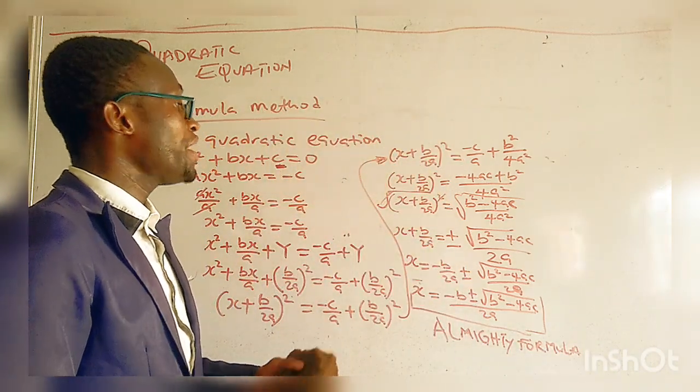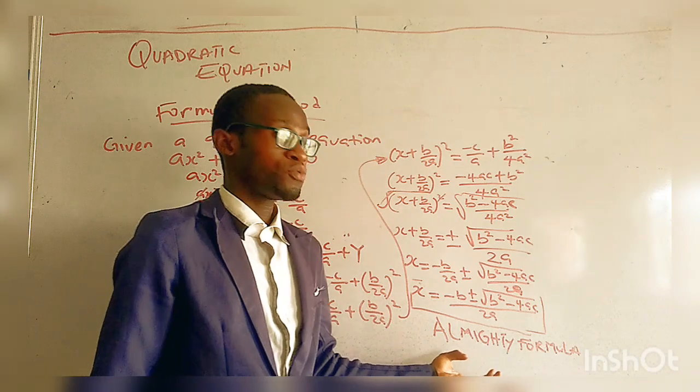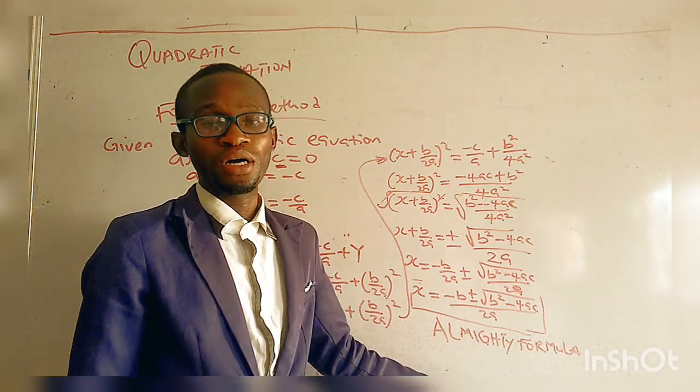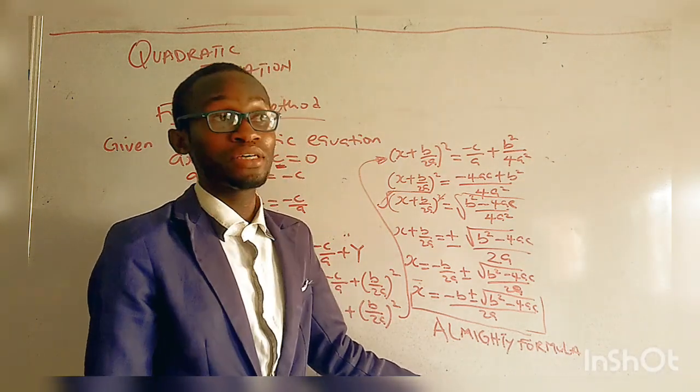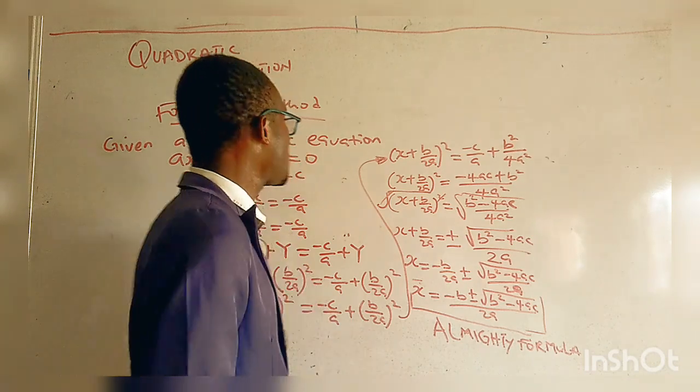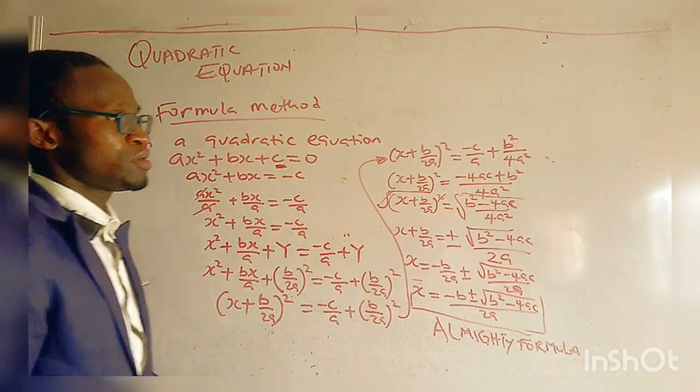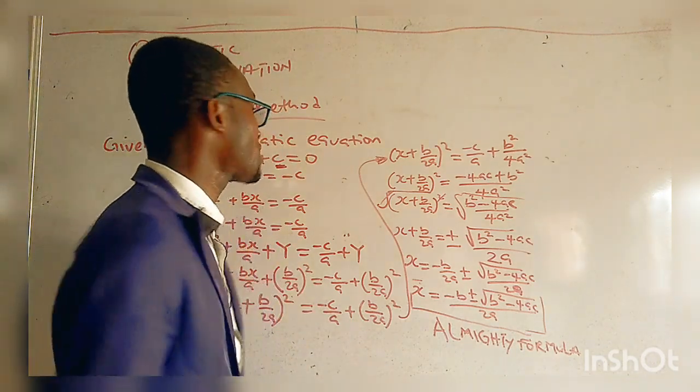So any equation that we want to solve, we make use of the almighty formula, because this is actually the easiest way of doing it. Now, let's get some questions that we can use as examples.